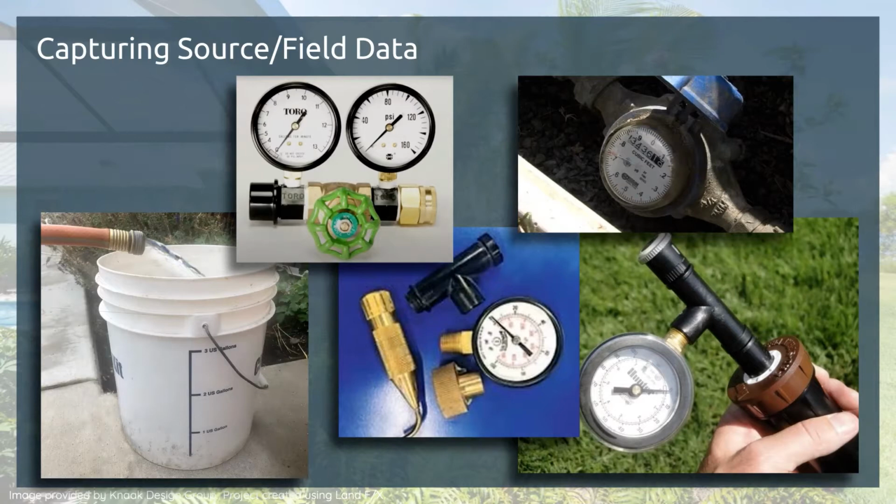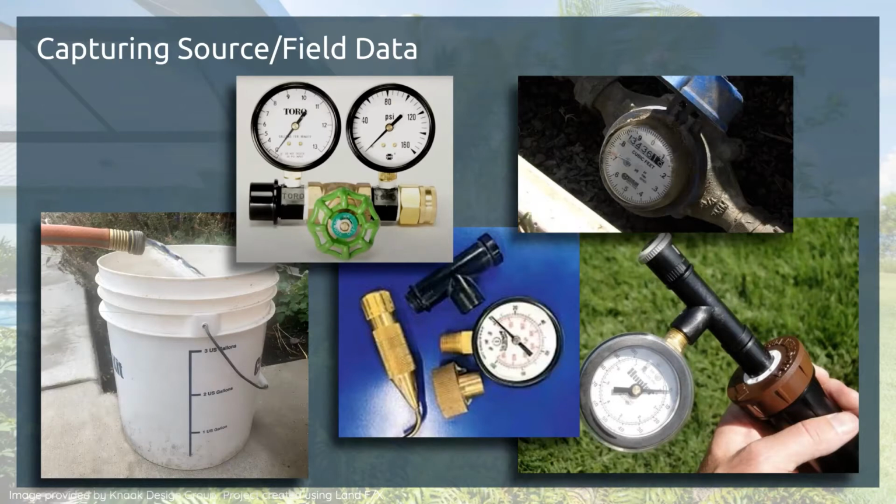So there's a lot of different methods to capturing this, and source data is obviously very, very important to us. Sometimes it's given to us by the city or by the engineer on site or whatever it is, but there's definitely other ways to capture that. So whether you're going to be adding on to an existing zone and you need to see what their current pressures and flows are, there's a lot of tools, a lot of ways to get that information if it's not provided to you.